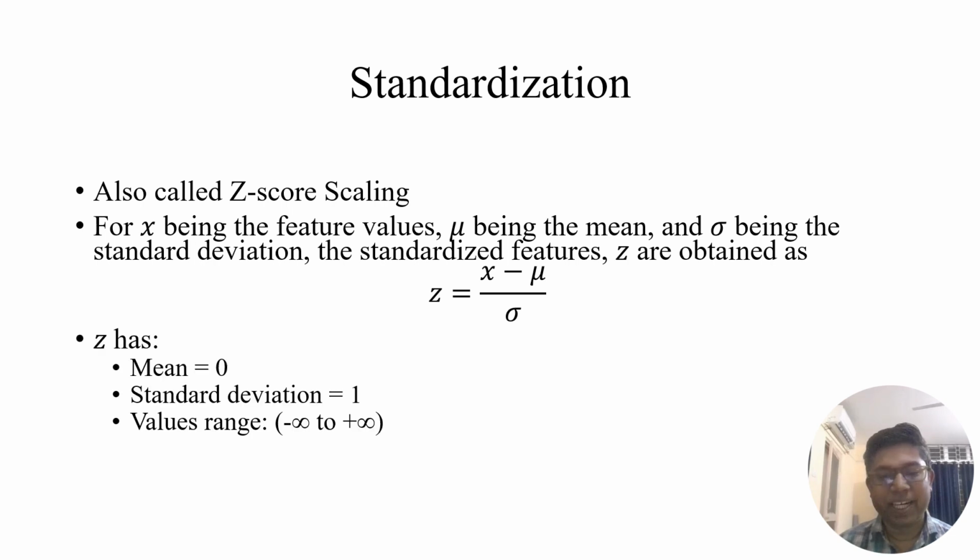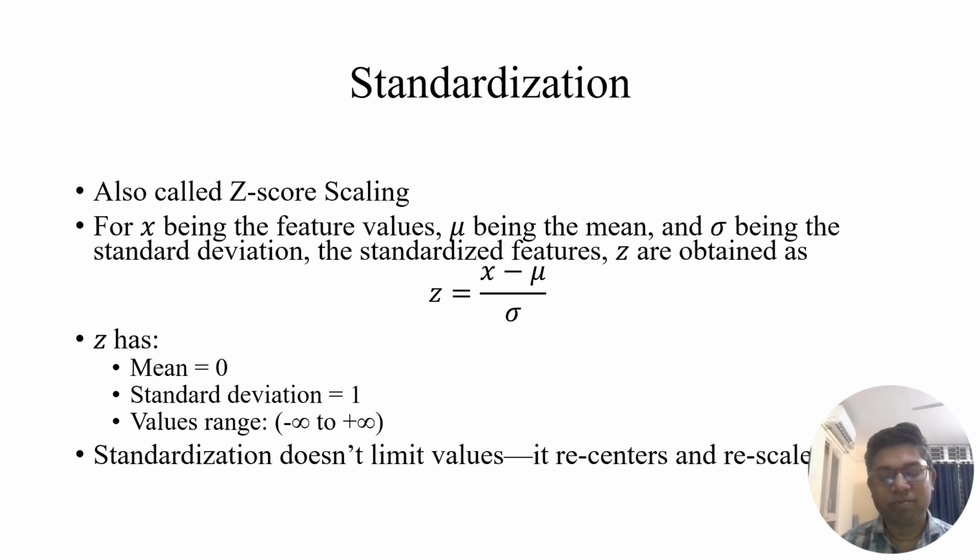So by subtracting the mean, what I get essentially is a zero mean feature, and by dividing by sigma, I get a standard deviation of unity of the resultant standardized feature values. Now these values can range from minus infinity to plus infinity, which means standardization typically doesn't limit the values. It just recenters and rescales.